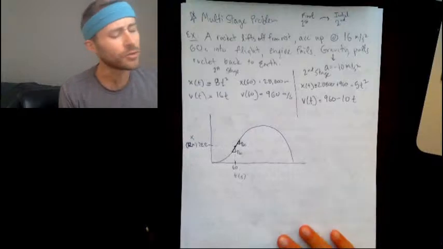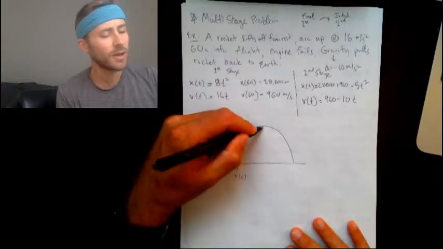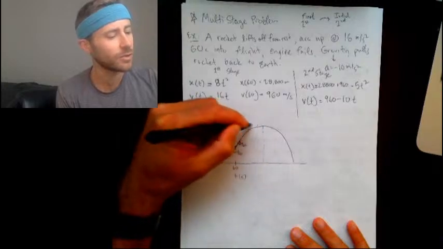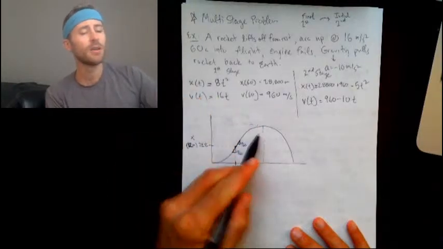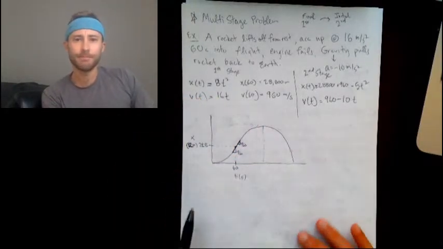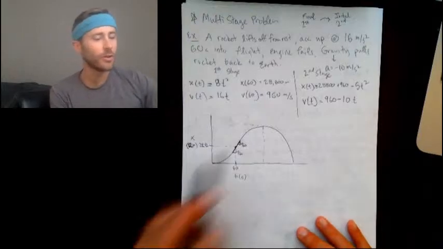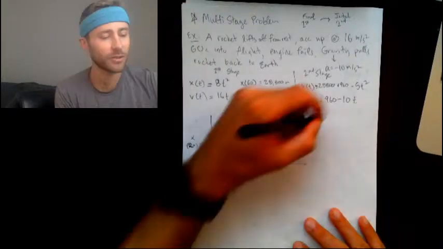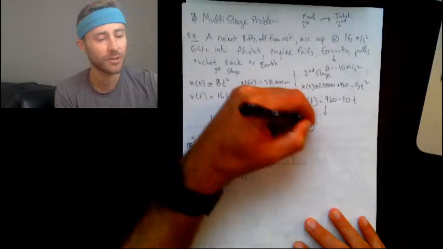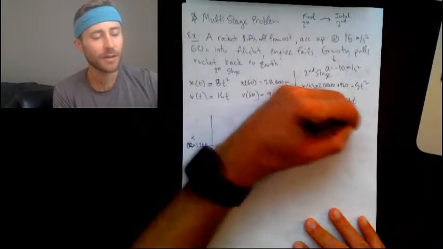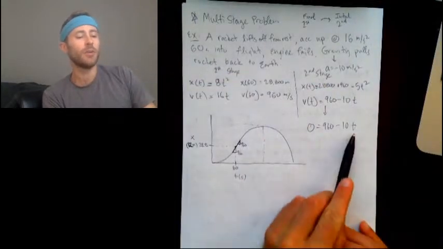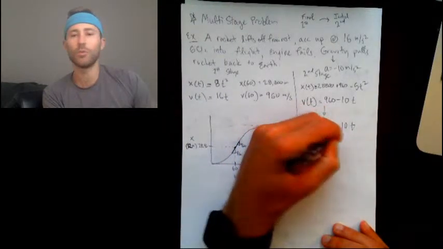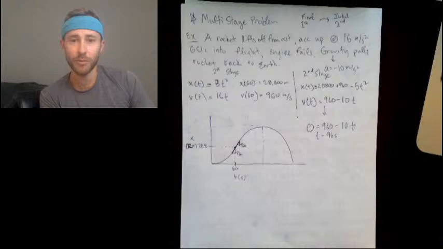So one thing that might be interesting is we could figure out, how high does the rocket go? How high does it continue to coast? Well, at the highest point, we know that the vertical velocity is 0. So I can take this equation and set the velocity equal to 0. And we can see that the time is 96 seconds when we reach the highest point.